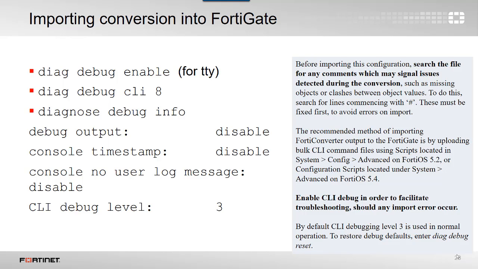Also, you need to scan through the output beforehand. Look for any lines that have been commented out, starting with a hash or pound sign. These lines will be comments inserted by FortiConverter, and it's not necessarily an error, it's prompting you that something needs your attention.